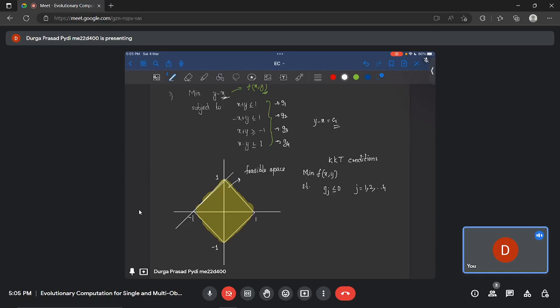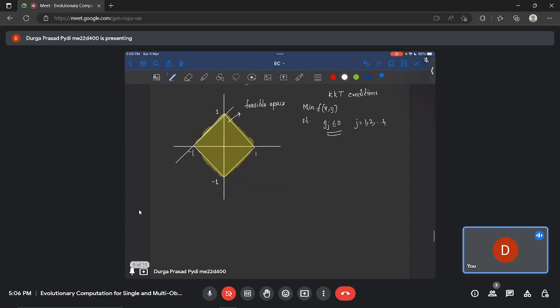Note that all these constraints should be reformulated in this particular way: Gj should be less than or equal to 0. If you look at this particular constraint, here it is greater than or equal to -1, and all these are less than or equal to 1. All these constraints have to be written in the form of Gj less than or equal to 0. Only then can we substitute in our KKT conditions.